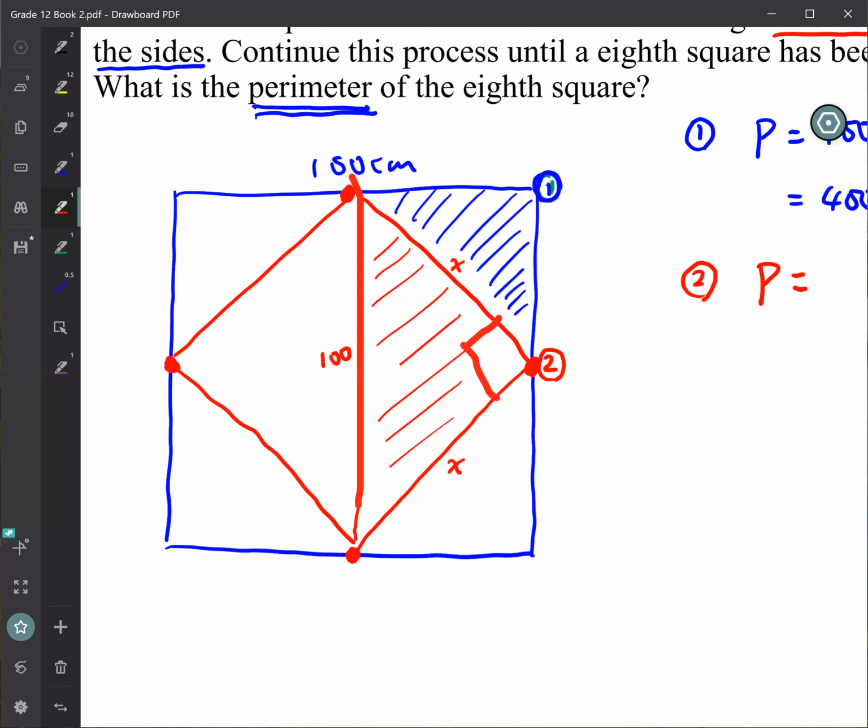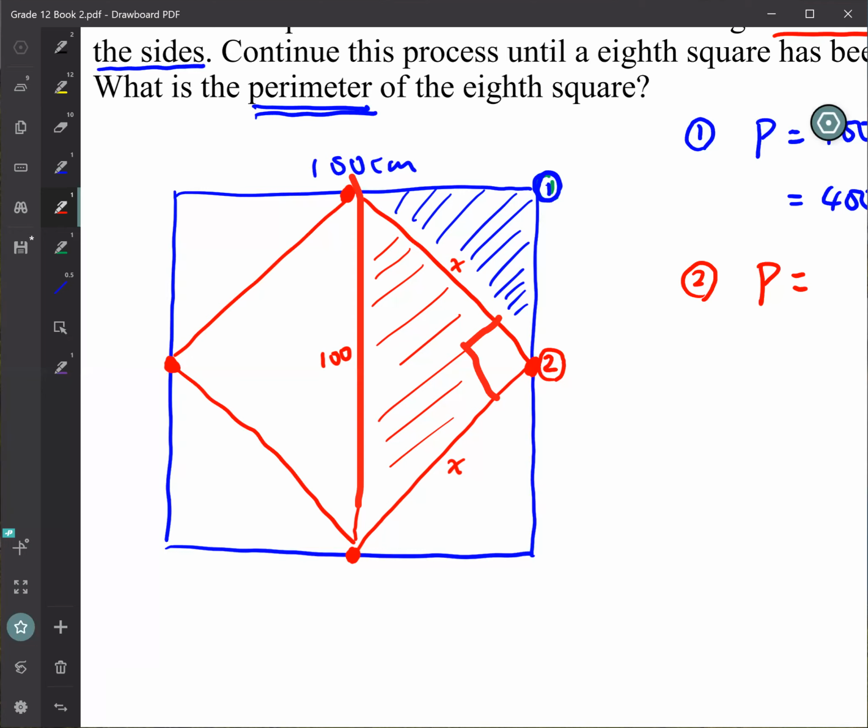How do we set it up? What's the Pythagoras theorem? A squared plus b squared equals c squared.